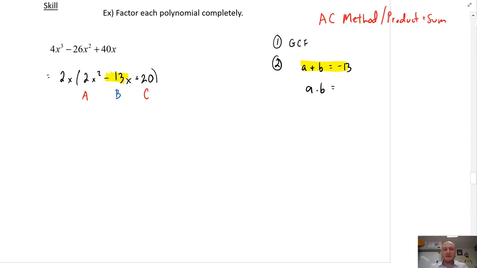It gets that name because you have to multiply your A and your C. So I'm going to take my leading coefficient, A times C, and that is 40.